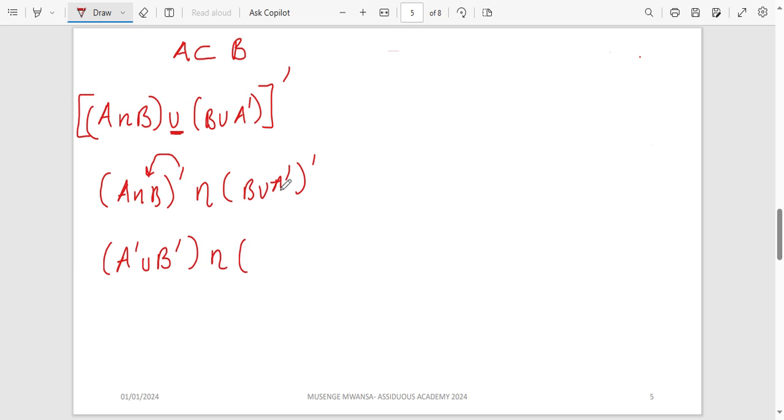Now let's also distribute this side. If we distribute the complement, it will become union A, isn't it?